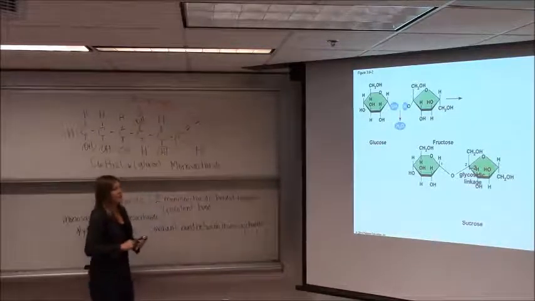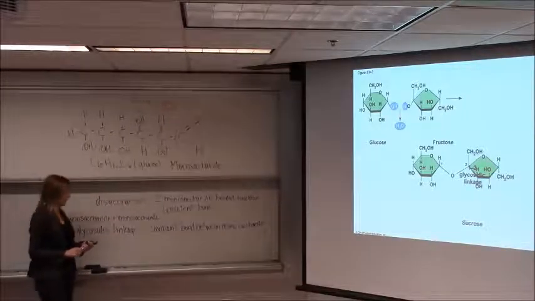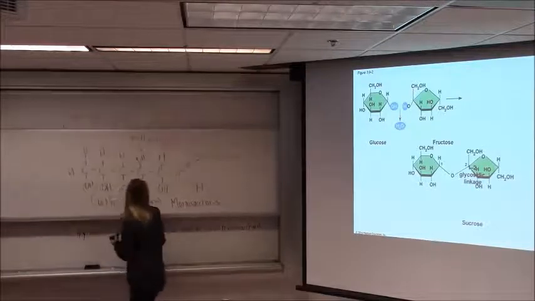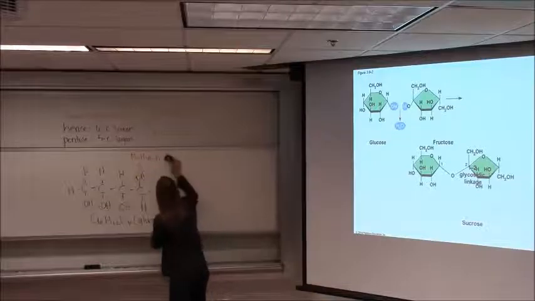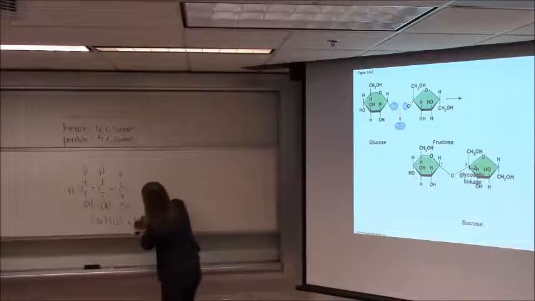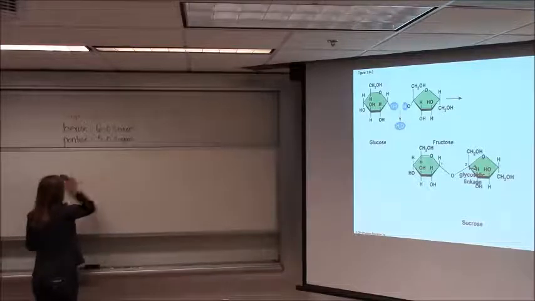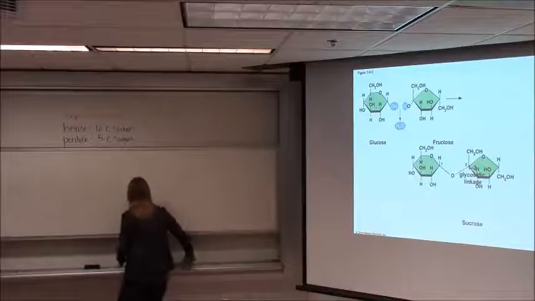This particular disaccharide is called sucrose. It's what we refer to as table sugar. There are a few disaccharides you should be familiar with, and you should know which monosaccharides come together to make that disaccharide. So I'm going to put a list of disaccharides on the board.